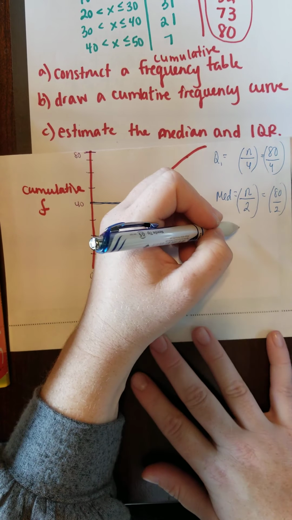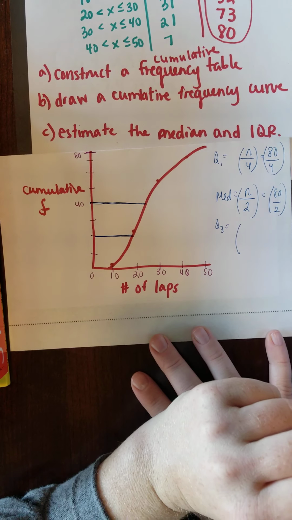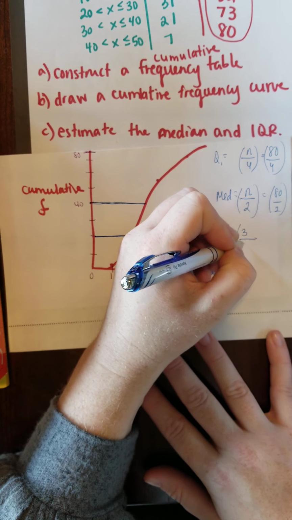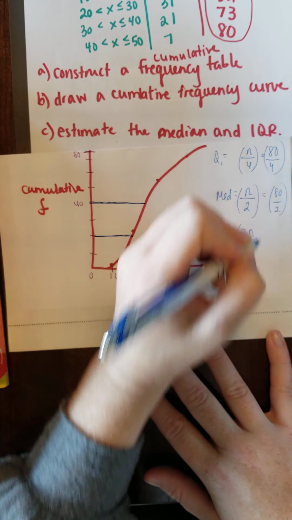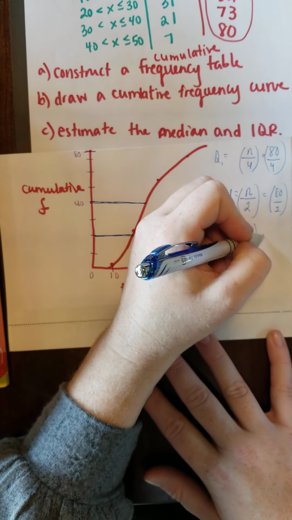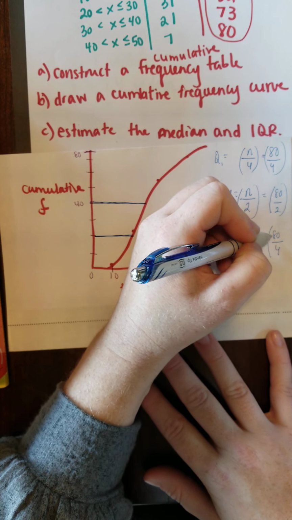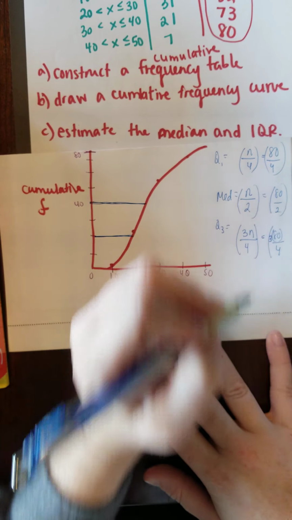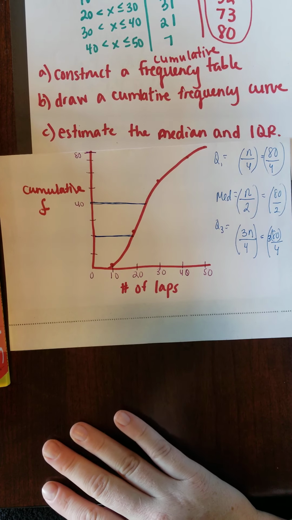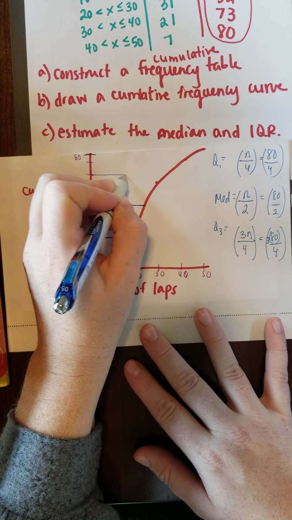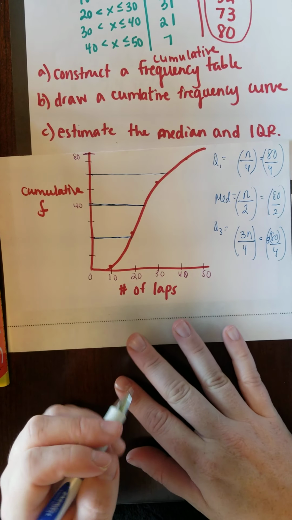Q3, remember, is 3/4 the way through. So I'm going to go 3/4 of n. So 80 multiplied by 3/4. So that would be at 60. So that would be here. Draw a straight line coming out and see where your graph is going to hit.